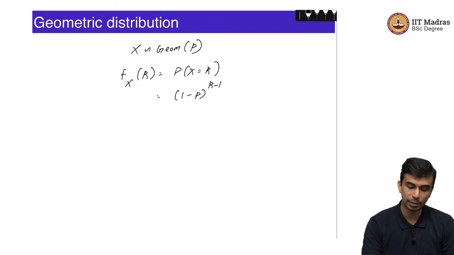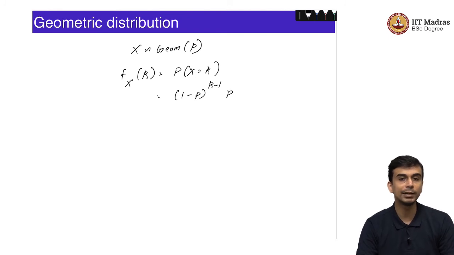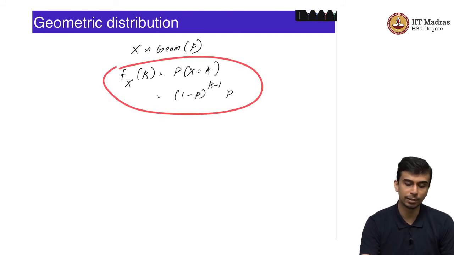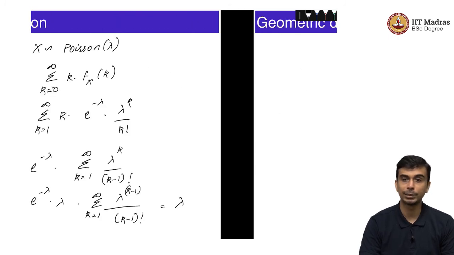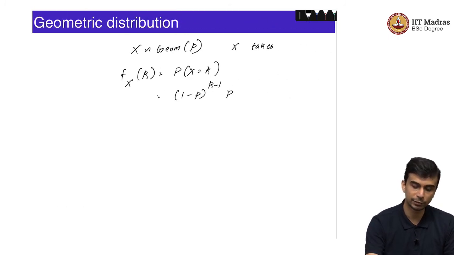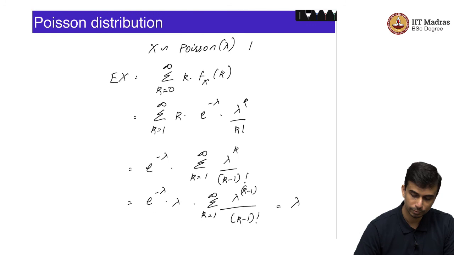The probability of that happening is (1 minus p) to the power k minus 1, because these are k minus 1 times you should independently see a tail. And at the kth toss you should see a head. The probability of that happening is p. So, f_X(k) is (1 minus p) to the power k minus 1 into p. This is the probability mass function of the geometric random variable, and X takes values in 1 to infinity.